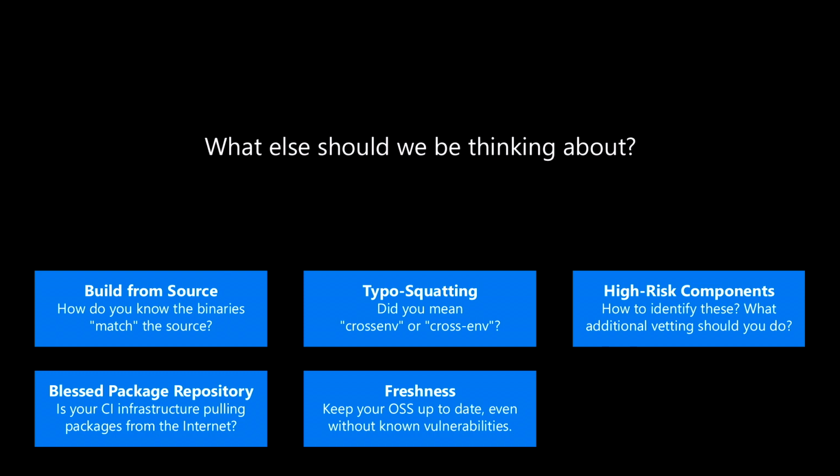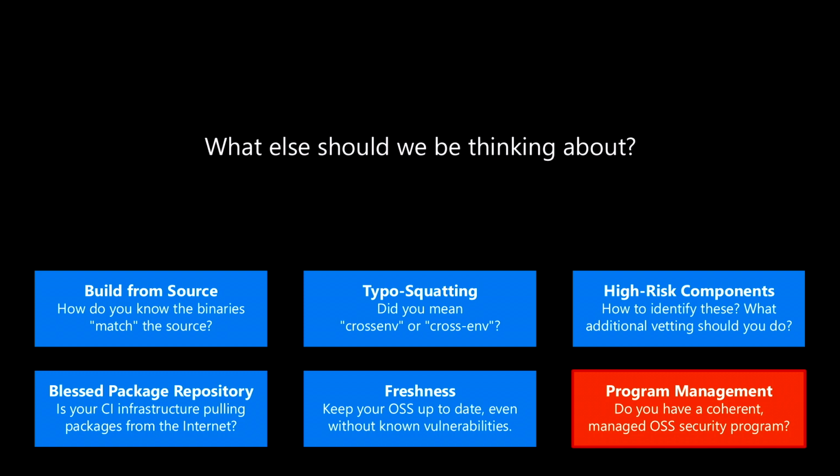Analyzing high-risk components: it's easy to say, oh, this is a high-risk component. And usually when you look at it, you can do it. How do you do that at scale? So we're looking for ways to identify, from a very large set of open source components, which ones you should be looking at yourself. And then tying this all together into a coherent program management around open source.